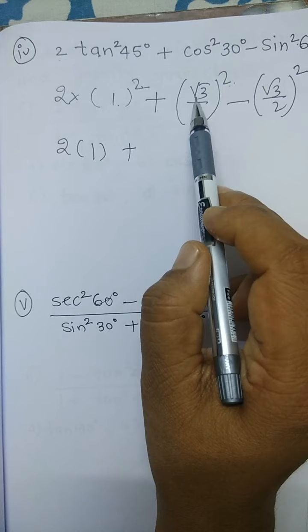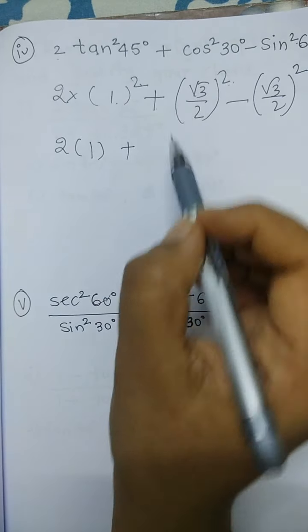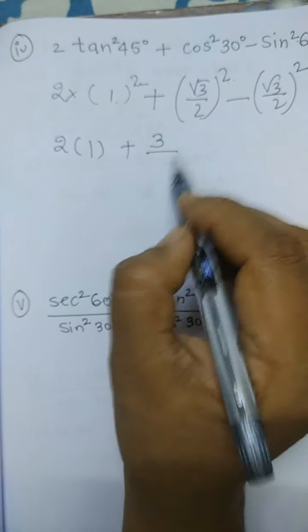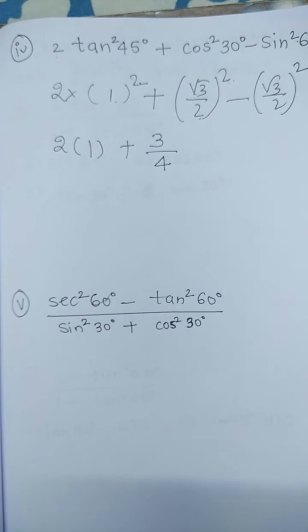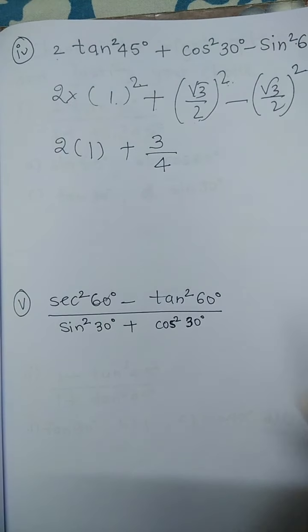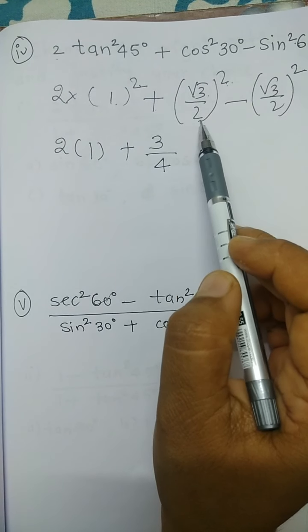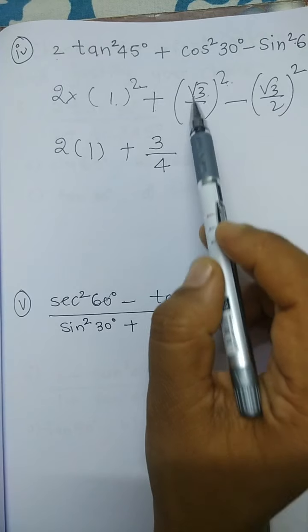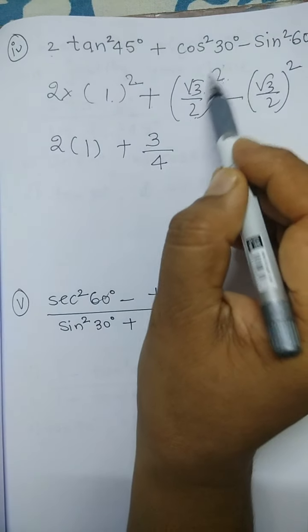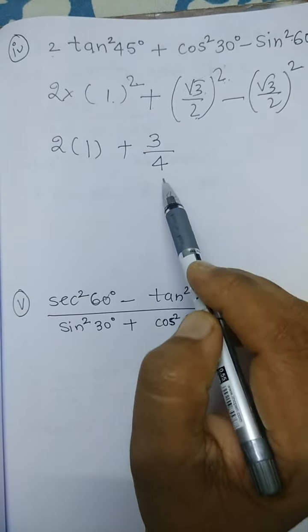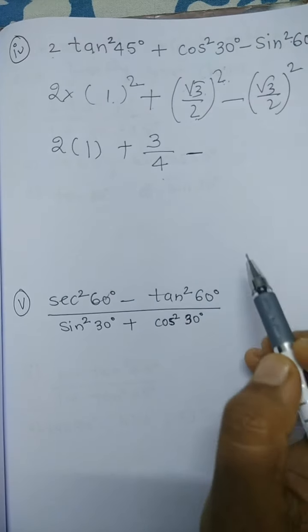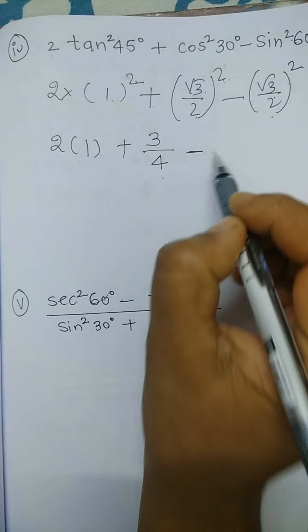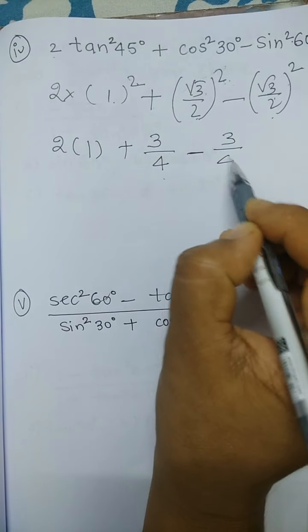So the square of root 3, the square root will get cancelled, and you will get 3 upon 2 square, which will be 4. Root 3 whole square will be 3, because the square root gets cancelled with the square, and 2 square is 4. Minus, same here, root 3 by 2 whole square will give you 3 upon 4.